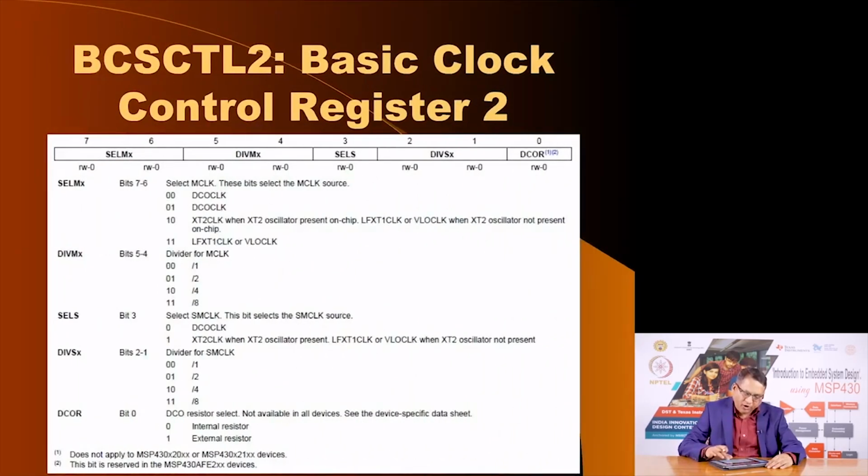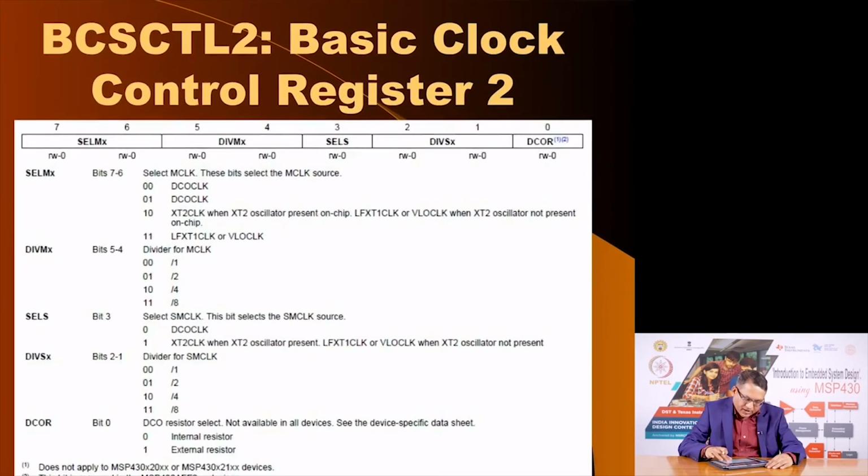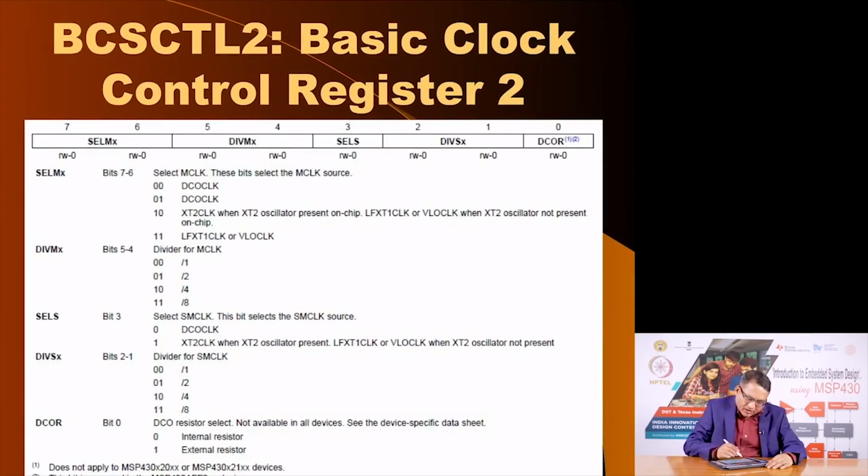Then you have the basic clock control register 2. Here this decides what is the source of the master clock, meaning these 2 bits will select the multiplexer which is feeding the master clock source. These 2 bits will decide what sort of divider you want to use for the master clock source.